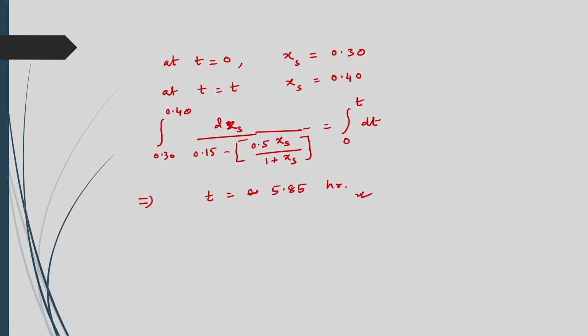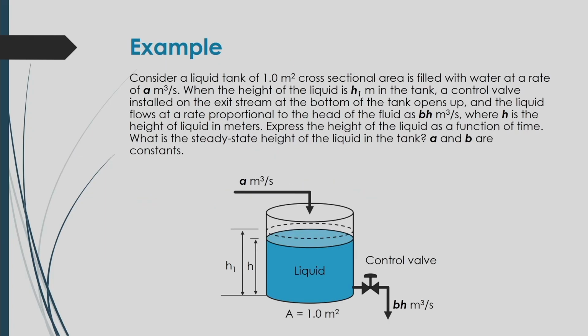So, this equation of unsteady state material balance, I think it will be helpful to do further this material balance in unsteady state condition. So, let us do another example for this.